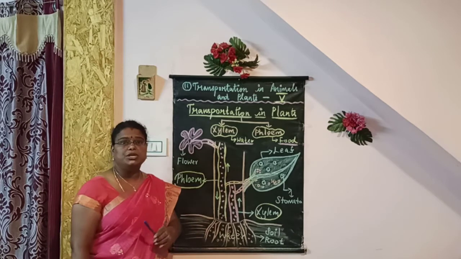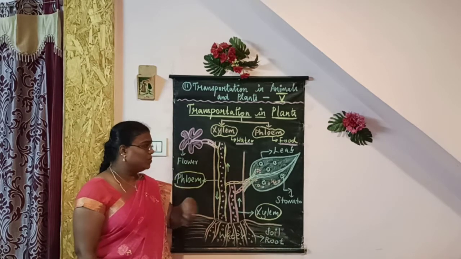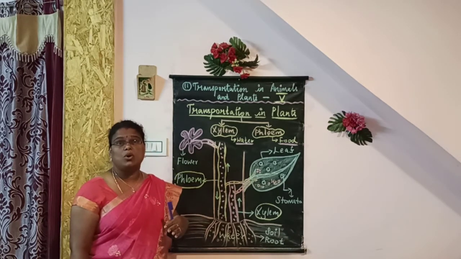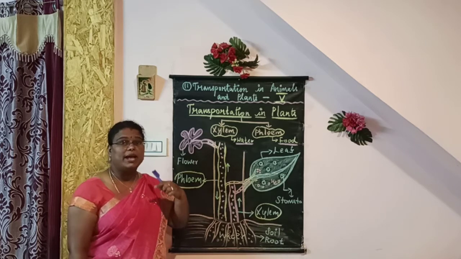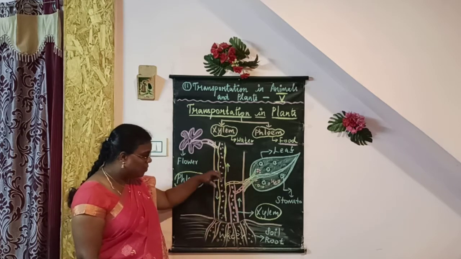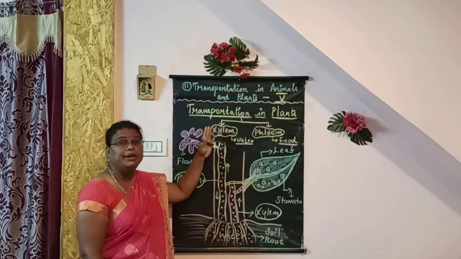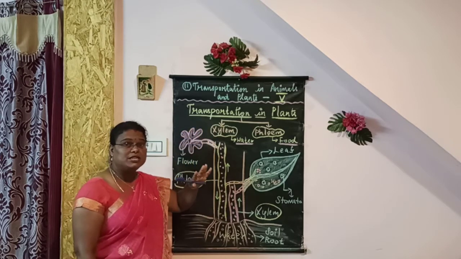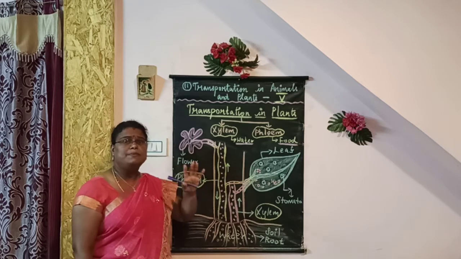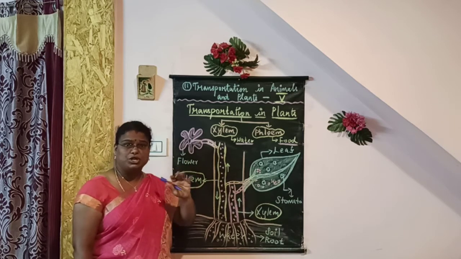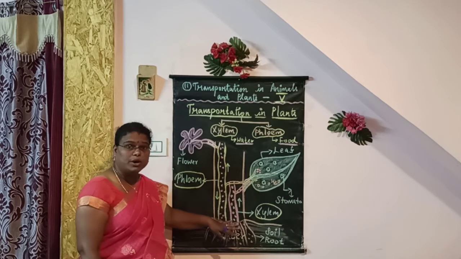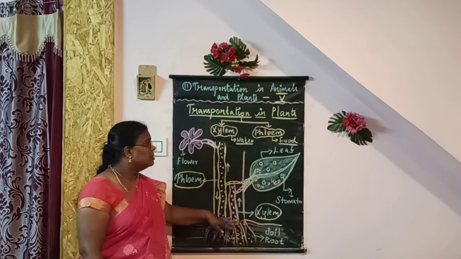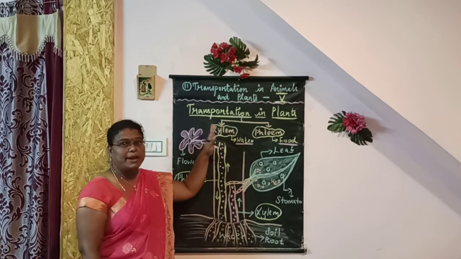This transpiration helps in exhibiting a force called suction pull. This suction pull helps in taking the water to the great height of the plant. So transpiration helps in creating a pressure, or suction pull, which further helps in the movement of water from the bottom, that is the root, to great heights of the plant.